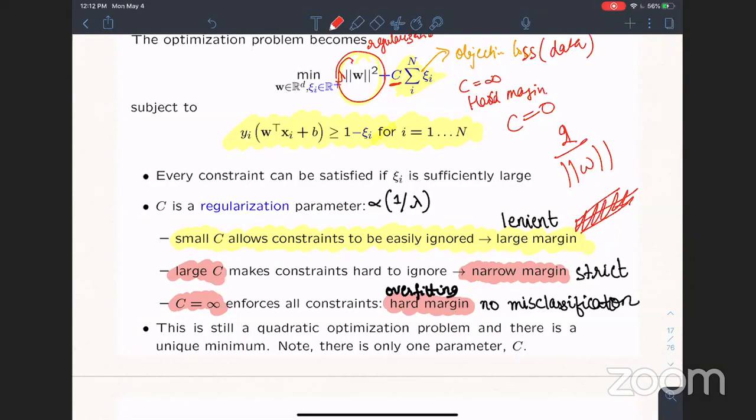You want to maximize the margin. So basically you want to maximize W transpose xi for the support vectors, which you can do by minimizing W so that x becomes further from the decision boundary.